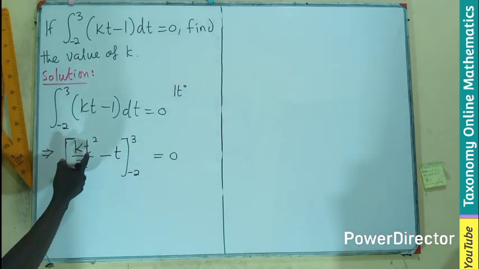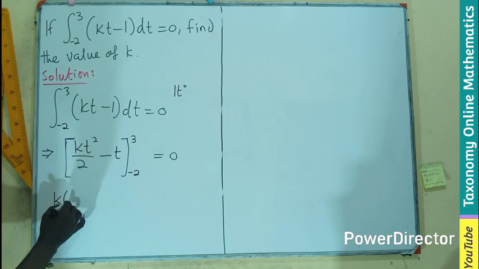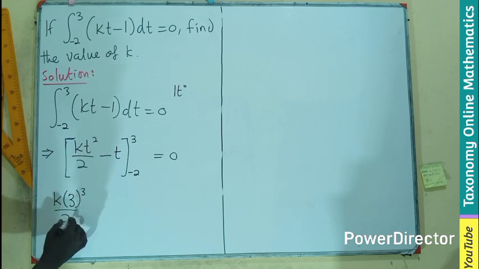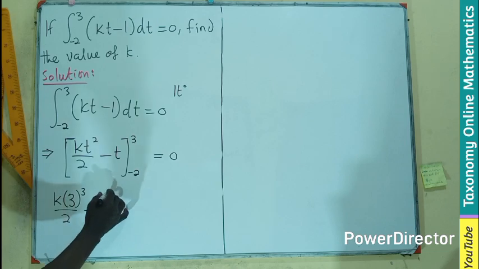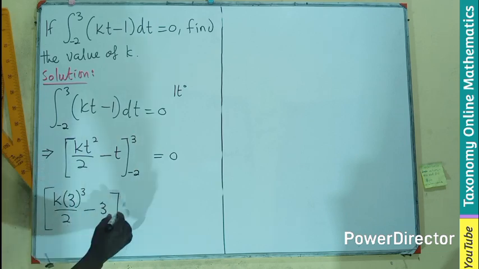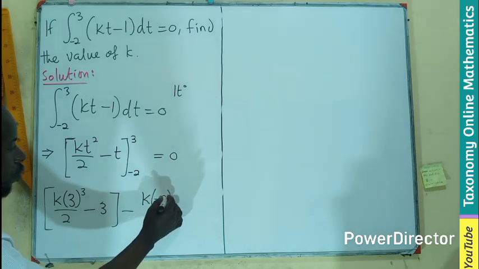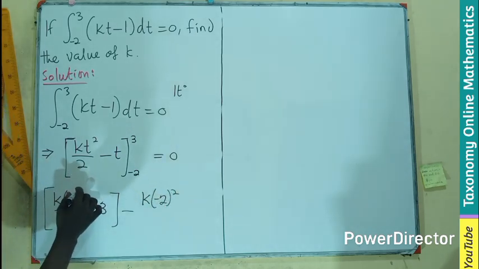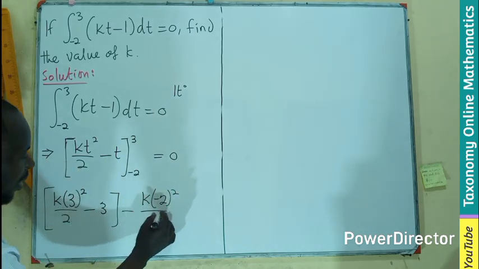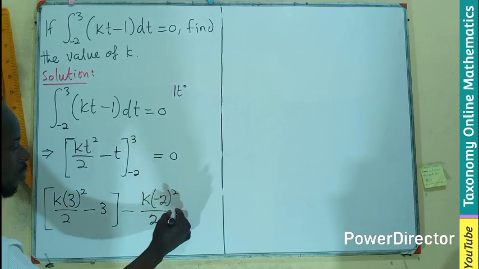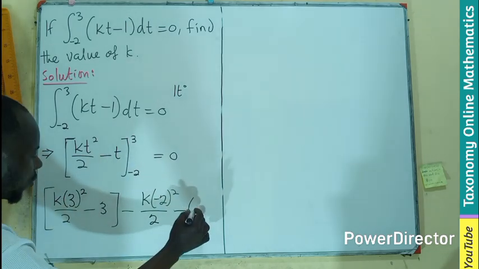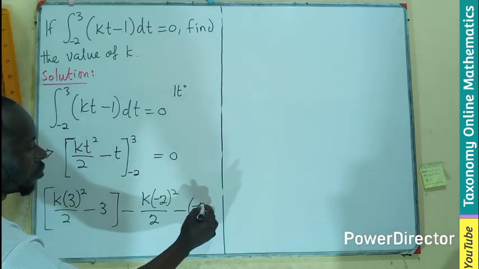This becomes k, let me write it the way it is here, 3 squared divided by 2 minus 3, all this minus k times (-2) all squared, I think this is square, right? Divided by 2 minus your negative what? 2.